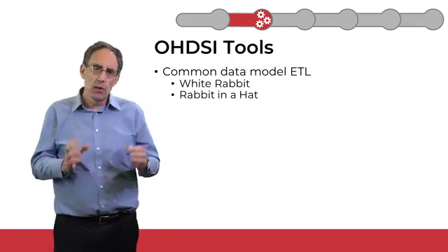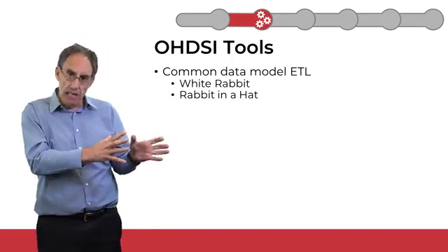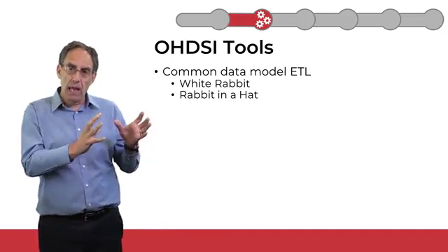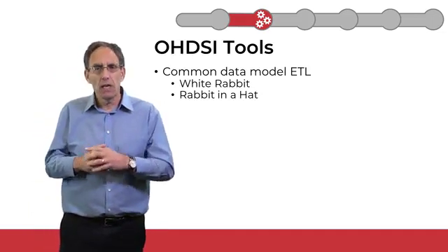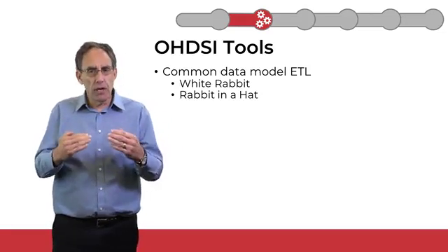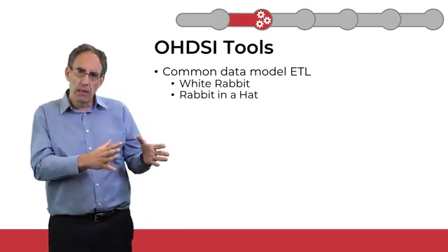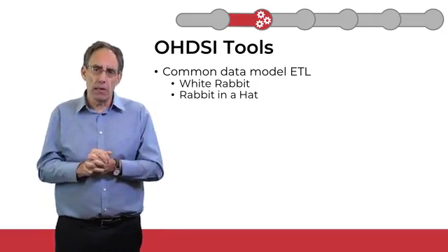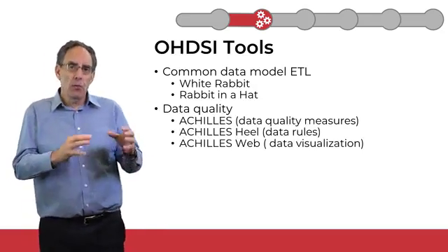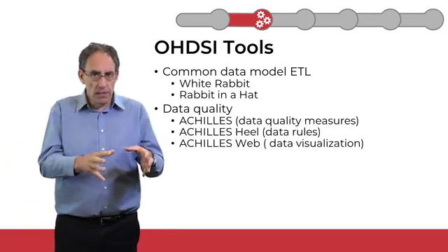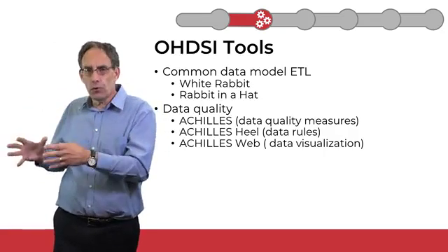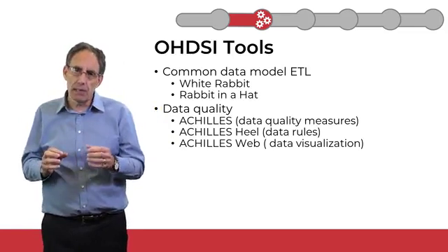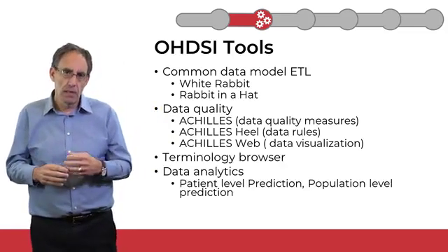In particular, we used the White Rabbit data profiling tool and the Rabbit in a Hat ETL specification tool to help understand how to transform MIMIC data into the OMOP Common Data Model. In this video, we illustrate the Achilles, Achilles Heel, and Achilles Web tools for data quality assessment and visualization.